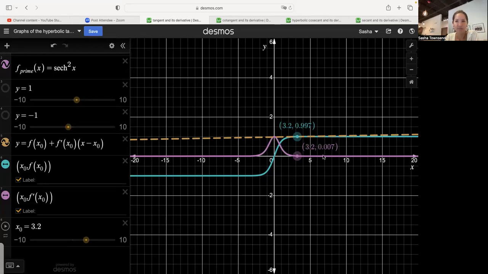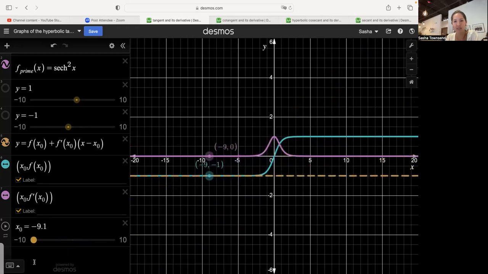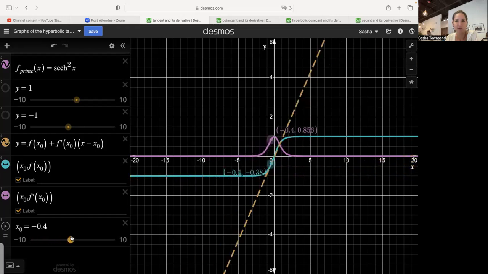That seems consistent with our picture because it has a very, very tiny positive slope. But as x gets larger, that slope gets closer to 0. And as x gets smaller and increasingly negative, the slope goes to 0. So all the interesting things happen between approximately -3 and 3.